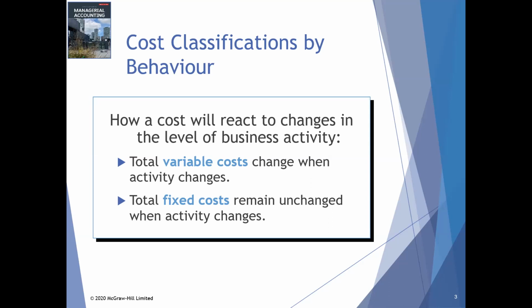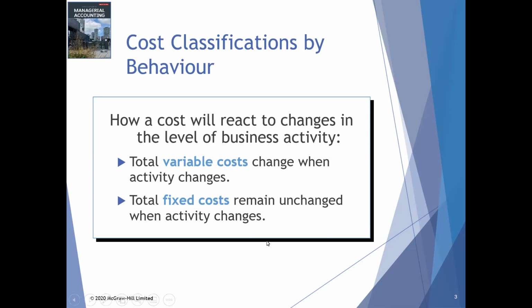The fixed cost will remain the same, right? Maybe your godown or warehouse or office is on a fixed lease for 5 years, and the per month expenditure will remain the same and is not going to change when the activity changes.